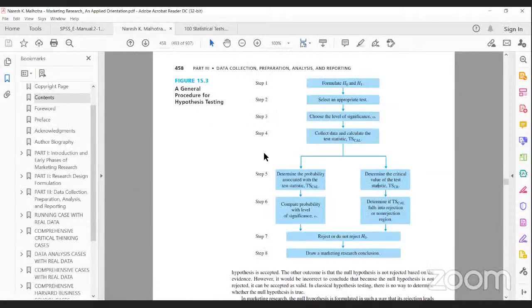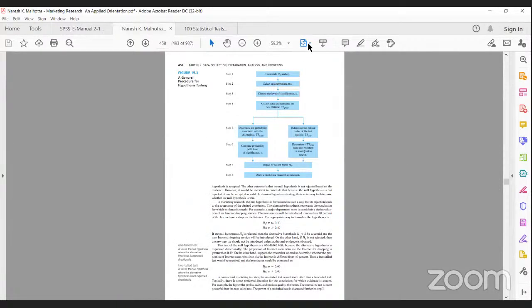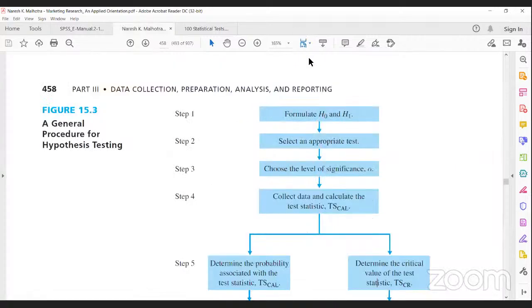Okay, this is Marketing Research: An Applied Orientation by Naresh K. Malhotra. This book gives information about all types of questionnaire design, everything we discussed so far, and the general procedure for hypothesis testing.